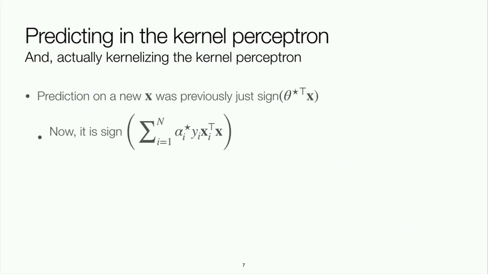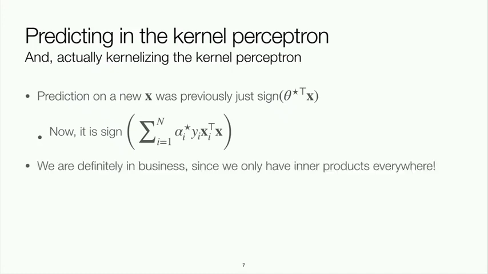Because as long as we keep around all of our training data, we can just compute the sign of this sum, alpha star I, y I, xi transpose x. Notice again, I have this dot product and only this dot product, xi transpose x. So we're really in business now because we only have inner products everywhere.